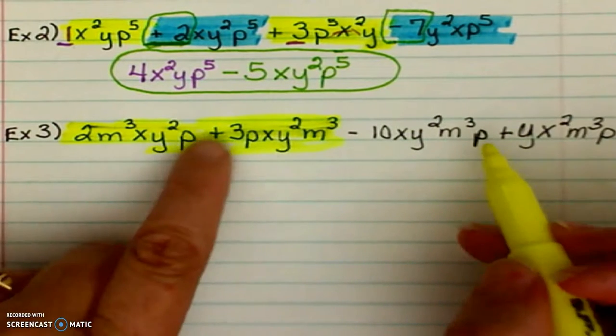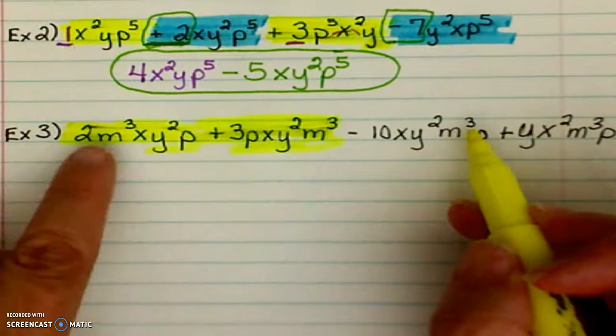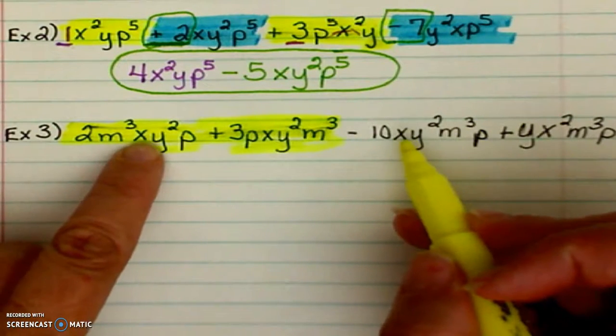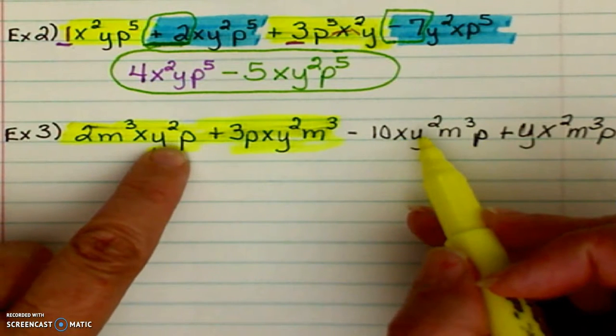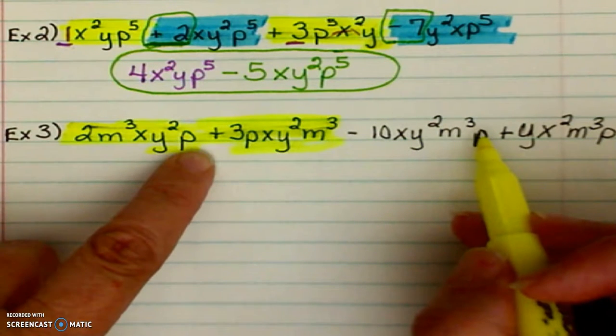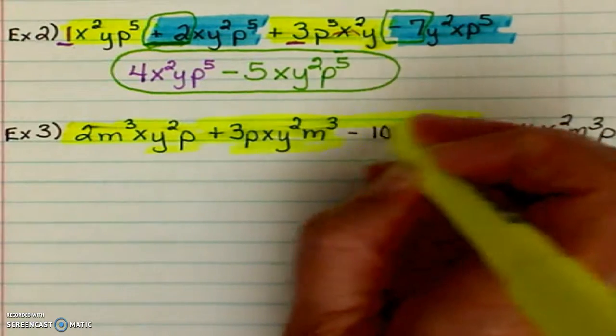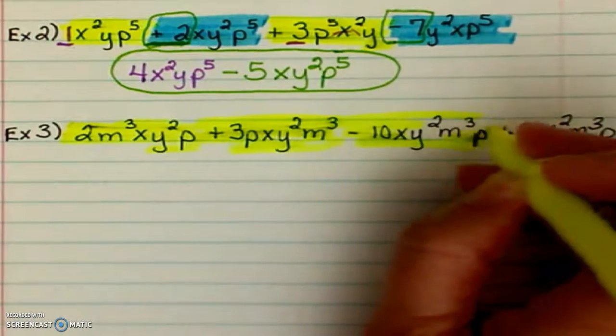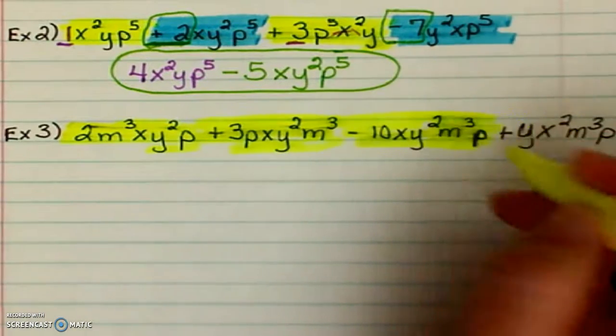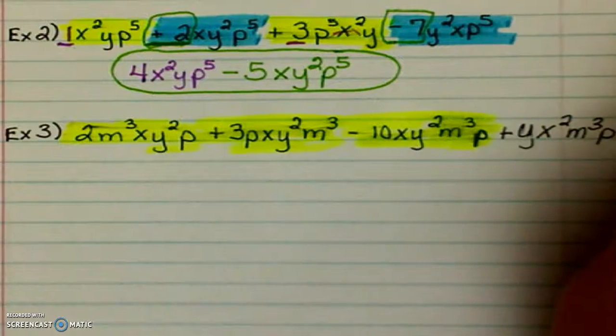Let's look at the next one. You have m to the third, x to the first, y squared, and p. So this is also a like term with the first two terms. Same variables raised to the same power.